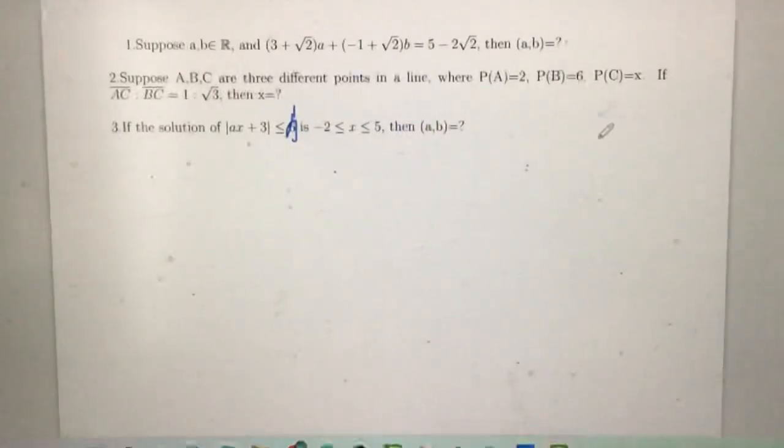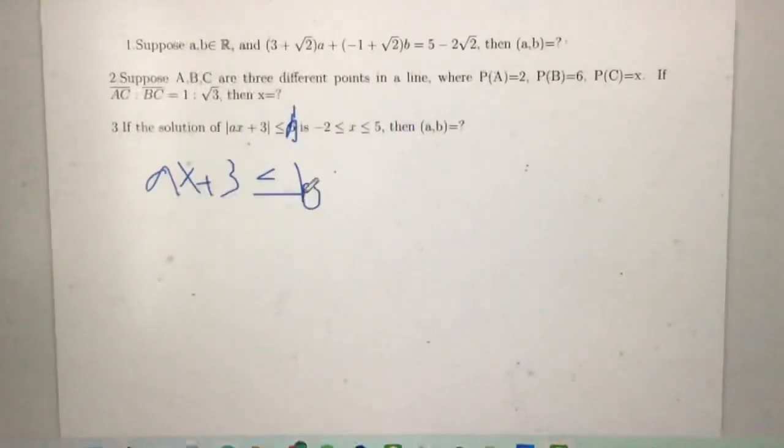Okay, so for the absolute value, we also have two cases here. So the first one is ax plus 3 is smaller or equal to b. That means if we don't put the absolute value, the first case is smaller or equal to b.